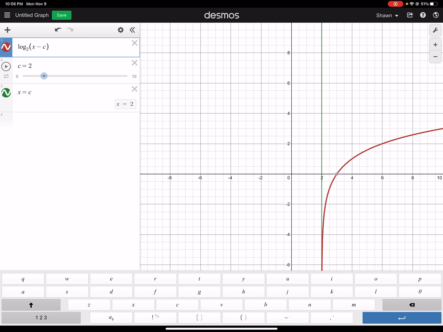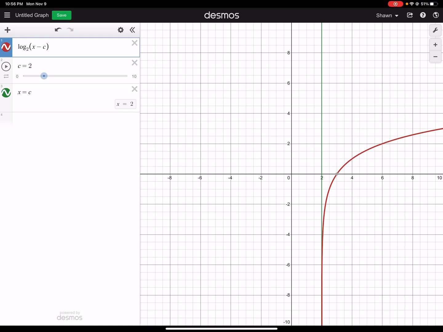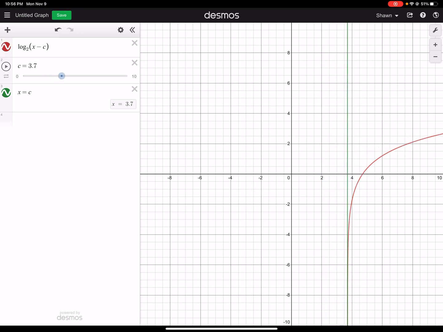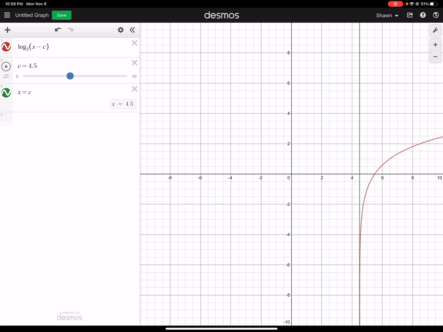The log of x minus 2, now if c is 2, it'll be log of x minus 2. And since it's a minus inside, same thing with parabolas and quadratic functions, that minus is going to drive the function to the right. And so as I move it, notice I'm moving that vertical asymptote there. That's going to play a role here in just a second. I'm going to tell you something about it. But as c grows more and more, that graph slides further and further to the right.